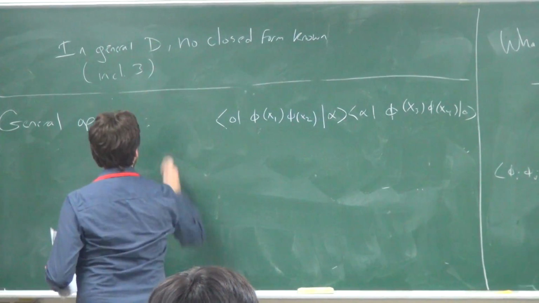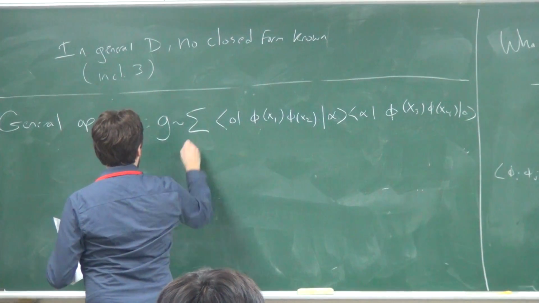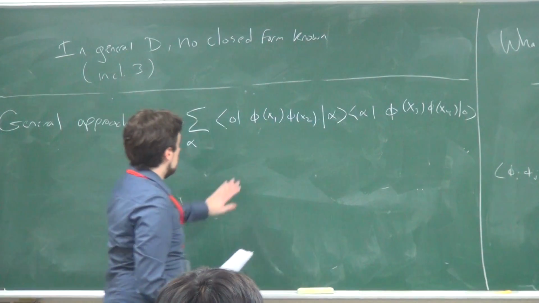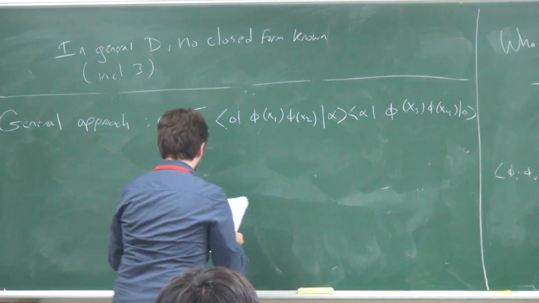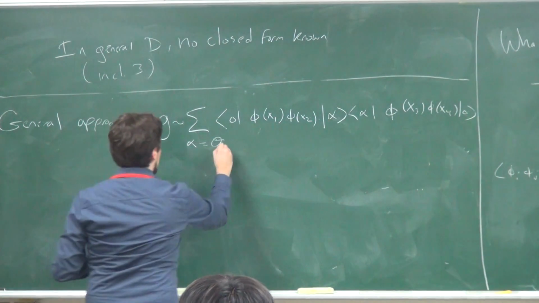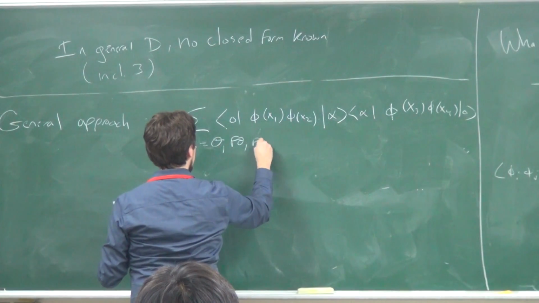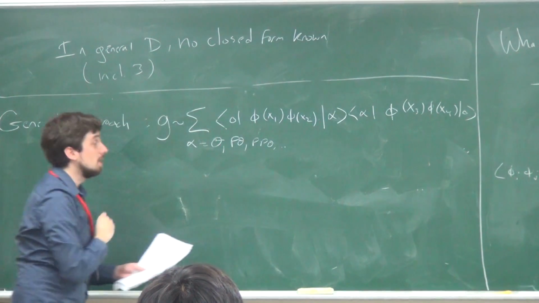What I need to do is sum over an intermediate state, which is the primary operator O, but I'm also summing over all of its descendants, PO and PPO, and so on.